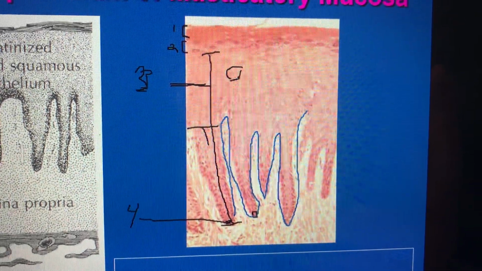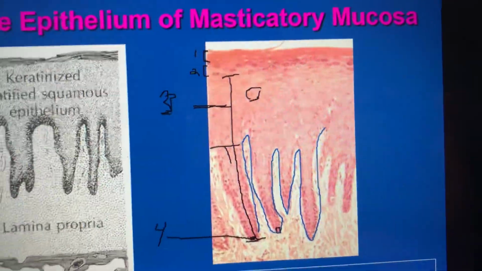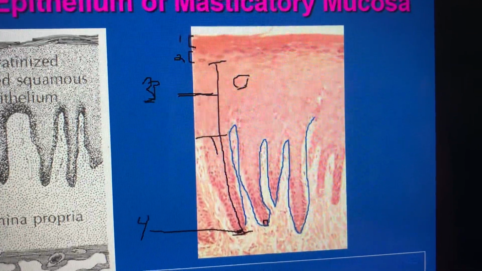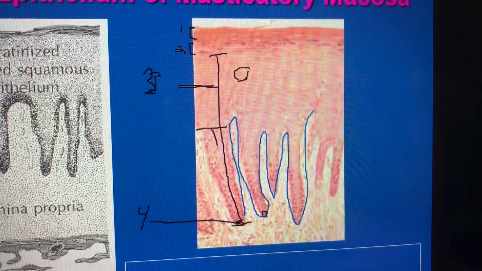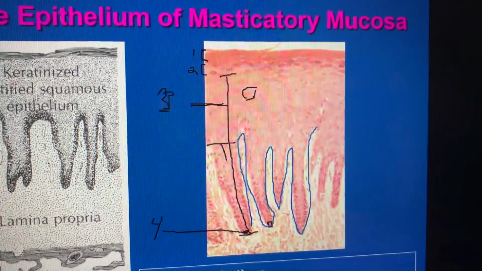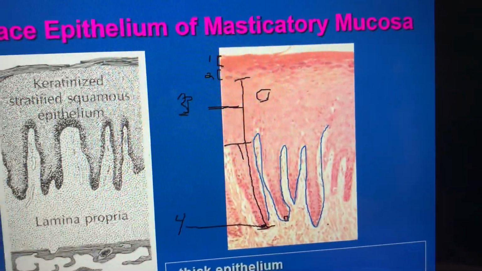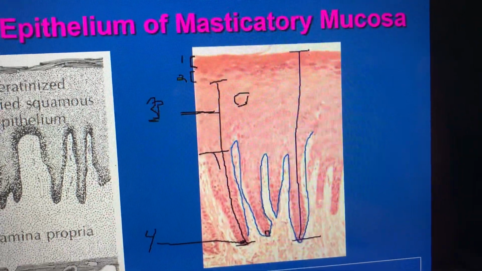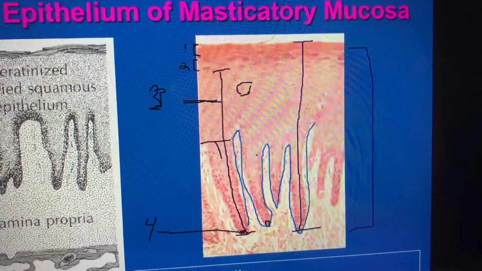Okay, so yesterday I wanted you to see how this orthokeratinized stratified squamous epithelium shown here is what can be found in masticatory mucosa. We talked about how thick this epithelium is, and if I draw a line where the entire surface epithelium is, all the way up to the cornified layer, overall that surface epithelium is very thick.